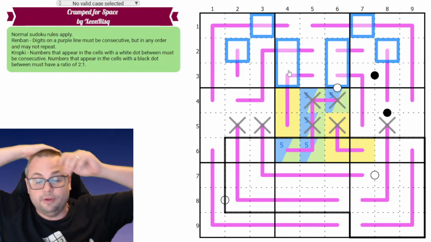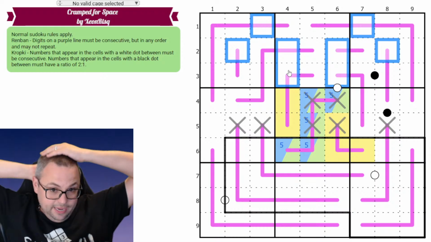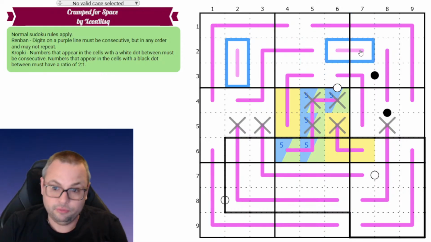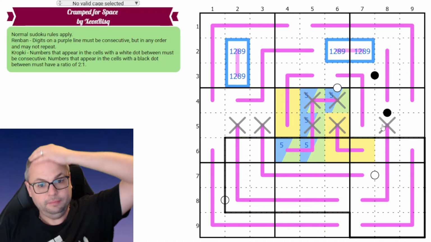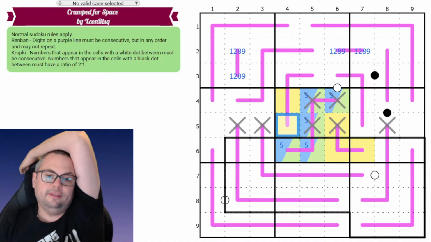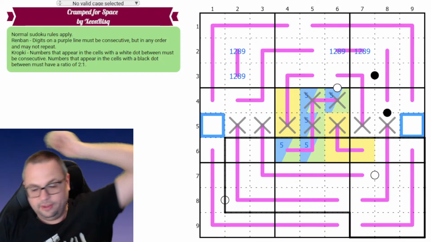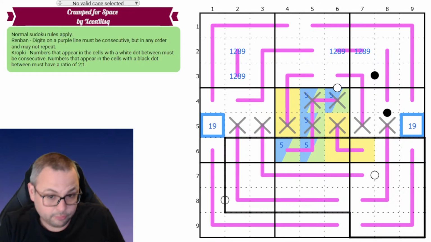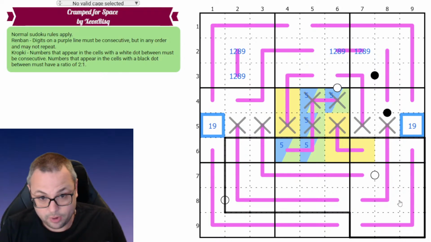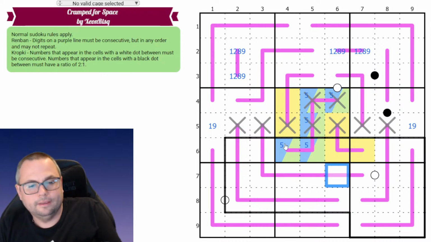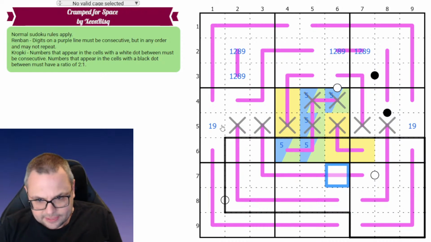So all of these Renban have a 1 9 on them. That means these length 2 ones are 1 9 2 8 in some combination. It also means that this cell and this cell are not 1 9s, which actually makes these cells a 1 9 pair for the row, because the row needs 2 1 9s, in fact.